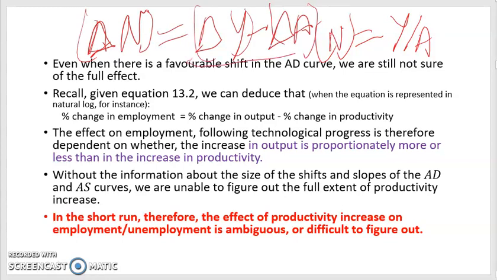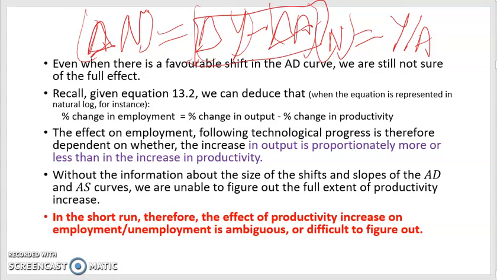if the two are equal. That is, the change in output is equal to the change in productivity. So the effect on employment following technological progress depends on whether the increase in output is proportionately more or less than the increase in productivity.